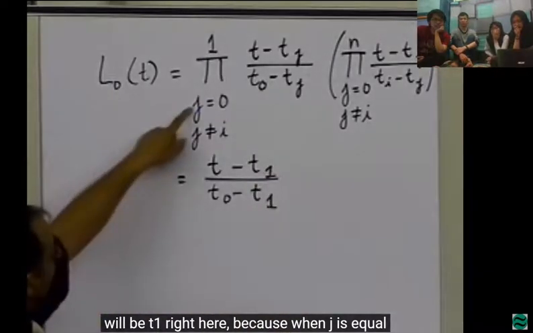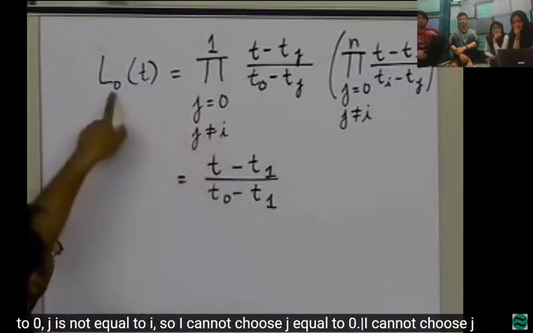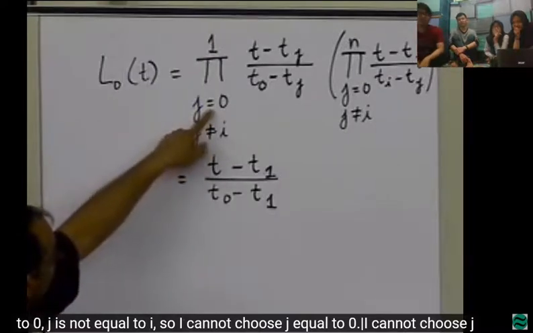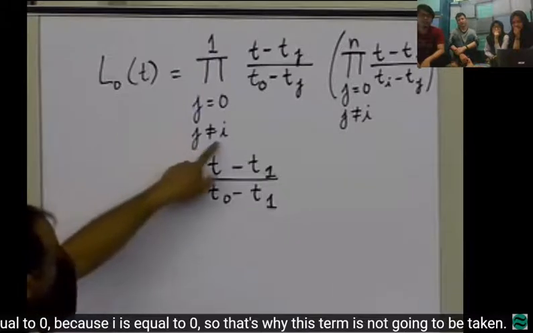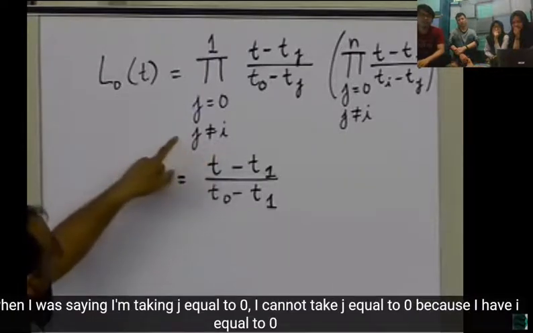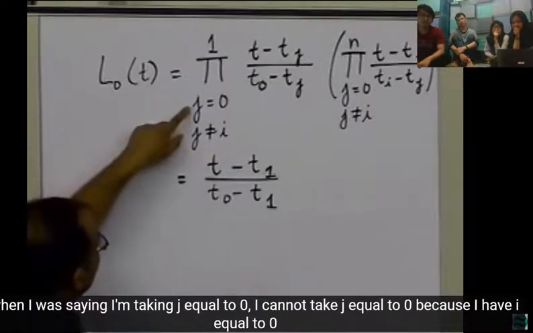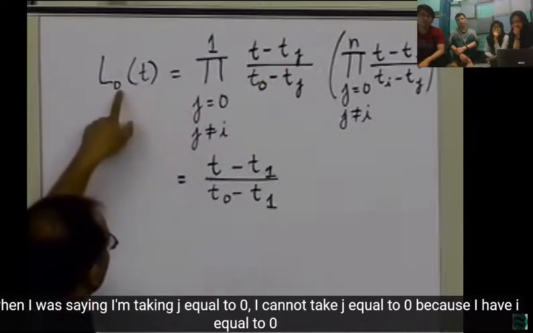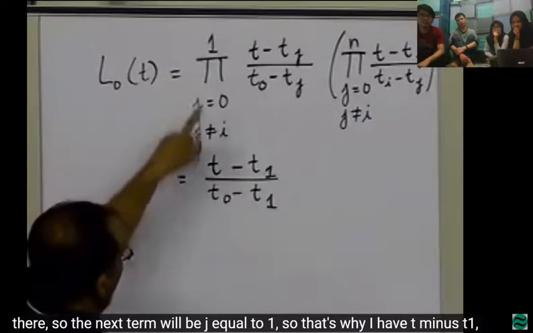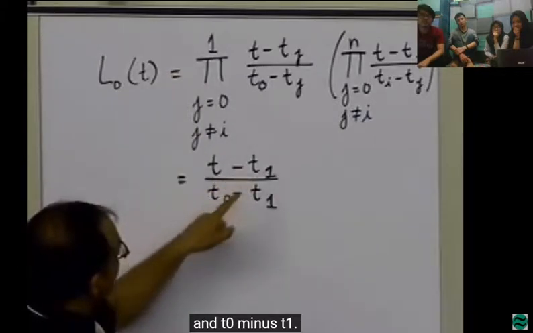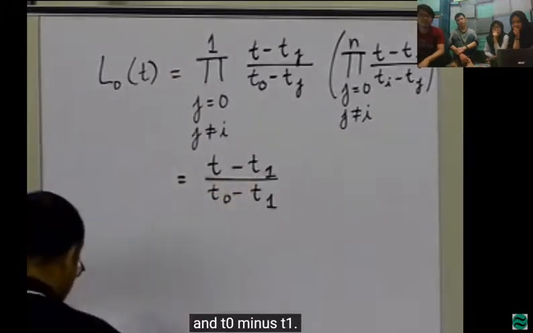When j is equal to 0, j is not equal to i is violated, so I cannot choose j equal to 0 because i is equal to 0. So the next term will be j equal to 1, and that's why I have t minus t sub 1 over t naught minus t sub 1.